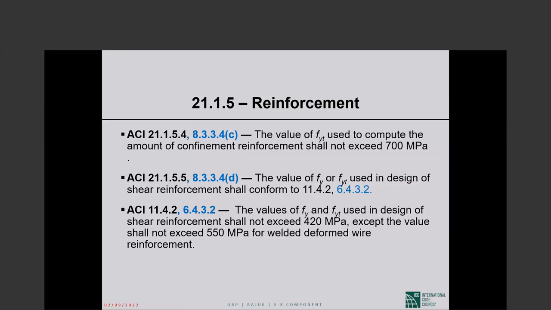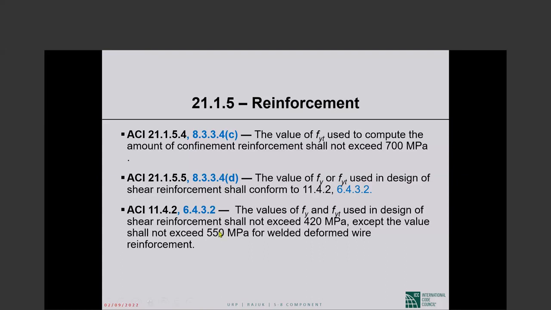So transverse reinforcement in a beam or a column has a dual purpose. It confines the concrete. It also carries shear for you. As long as you are dealing with the confining role of the transverse reinforcement, the limit on strength is 100 ksi. However, when you are designing the same reinforcement to act as shear reinforcement, you cannot utilize more than 60 ksi yield strength.